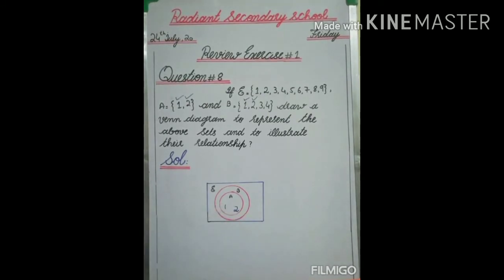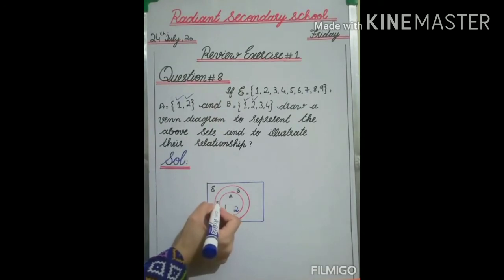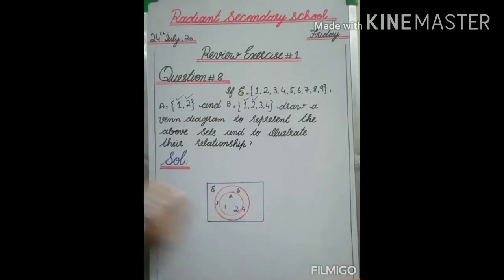Now we will write the remaining elements of set B, because 1 and 2 are already here. These are also the elements of set B. Now we will write the remaining elements. These are 3 and 4.